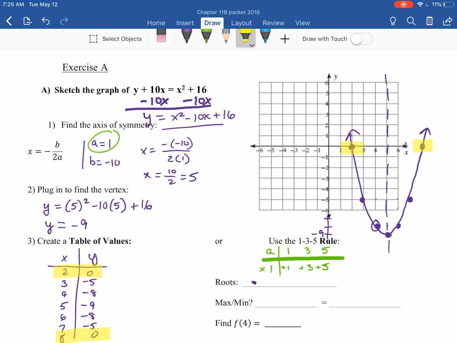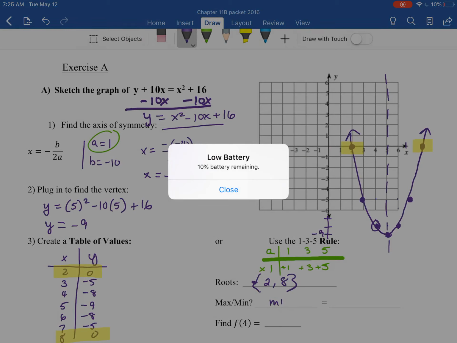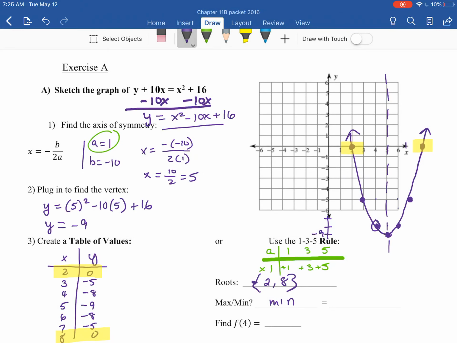A zero, or a root, is where the y is 0. So it crosses the x-axis, and those numbers are 2 and 8. Is this a max or a min this time? It's a min. It's on the bottom, and that's -9. And f of 4 is -8.